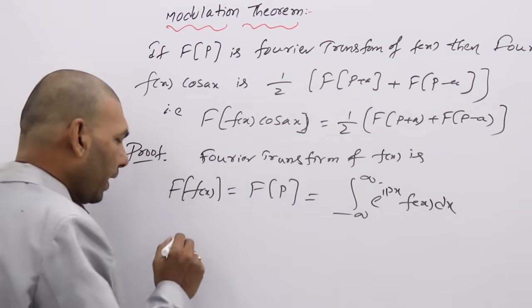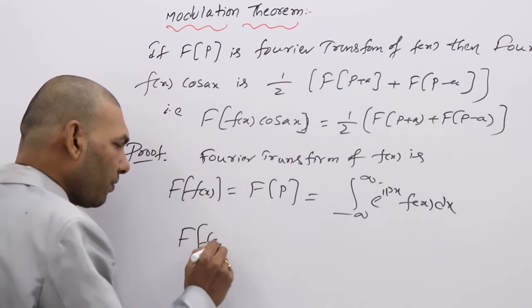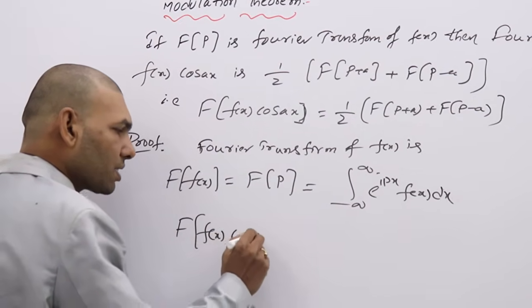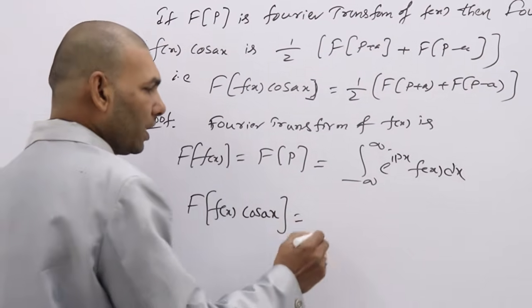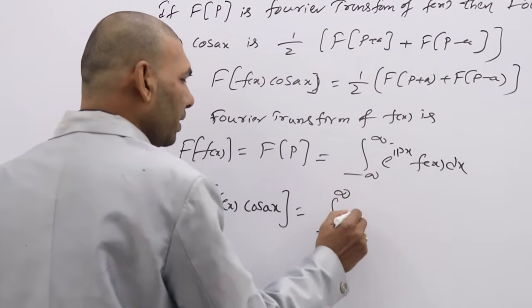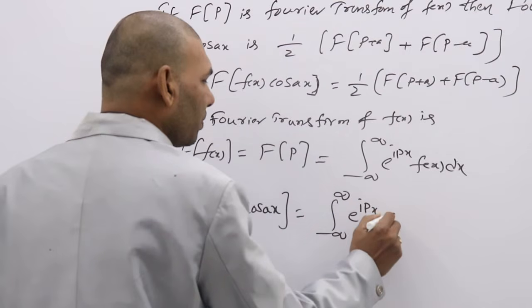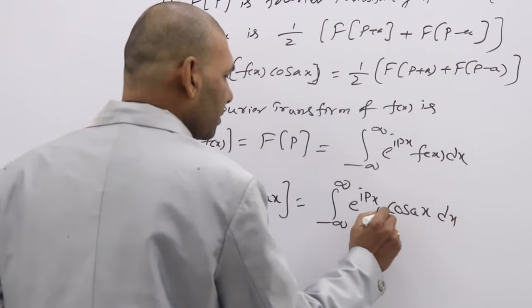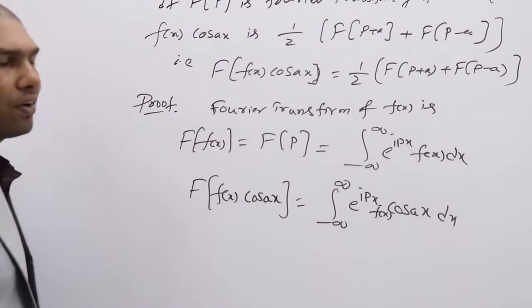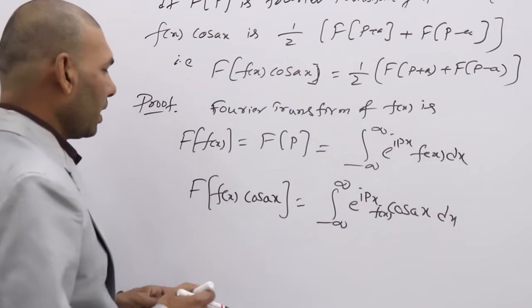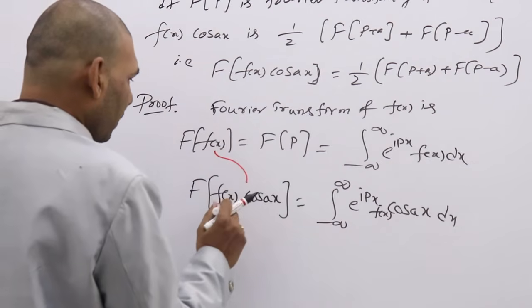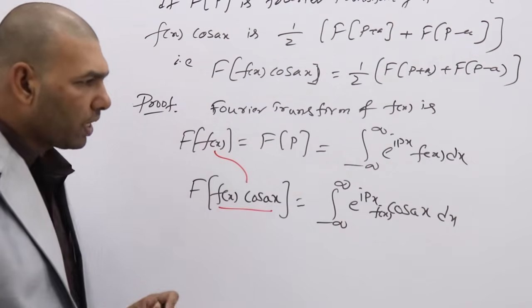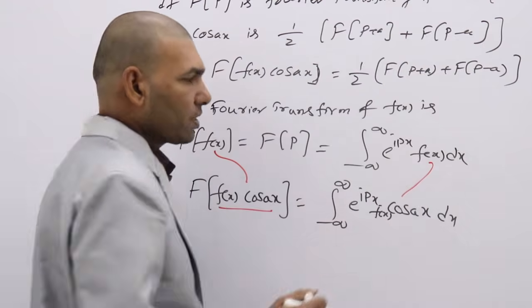Now we need to find Fourier transform of f of x cos ax. That is integral minus infinity to infinity e power ipx into f of x cos ax dx. Here in the place of f of x we are having this one, that one we are going to replace in the place of f of x.